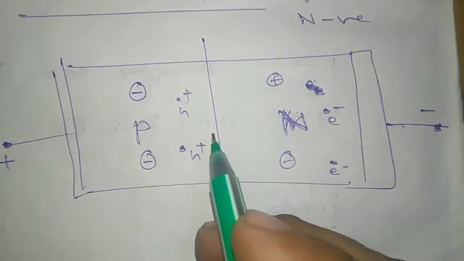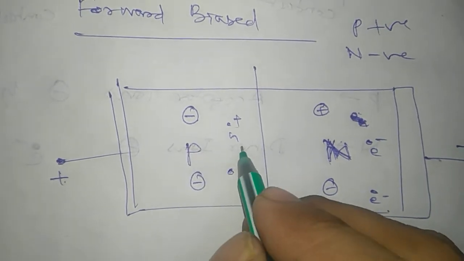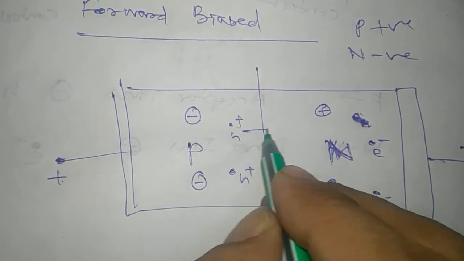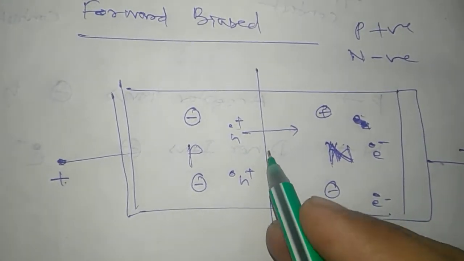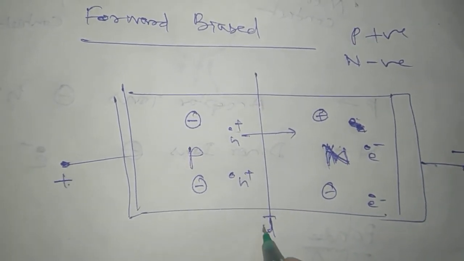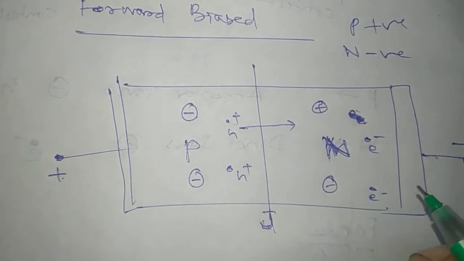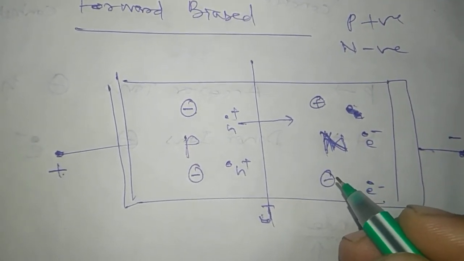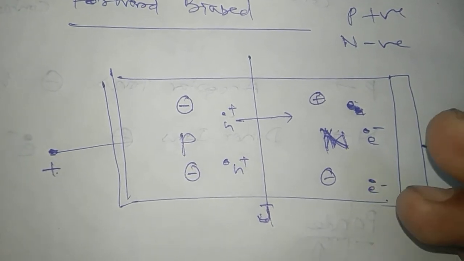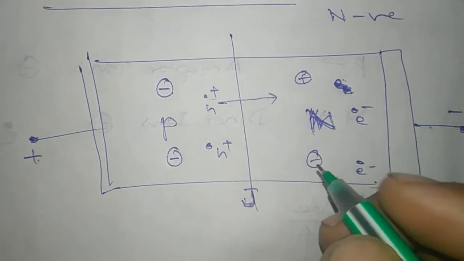Now when the positive is given, the holes will transfer across the junction; that is called depletion and drift.